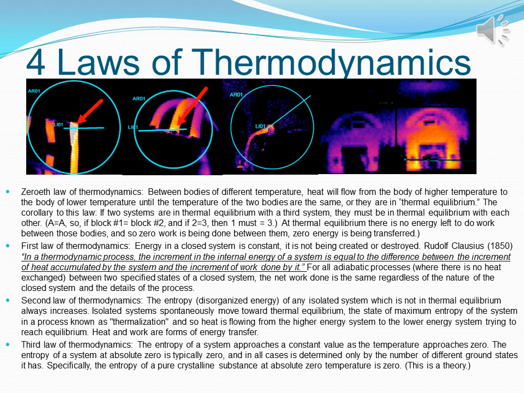But as it approaches zero, and that's 0 Kelvin, so that's absolutely having no energy at all, the entropy of a system at absolute zero is typically necessarily zero. In all cases, it is determined only by the number of different ground states it has. A little bit hard to measure it without that idea.